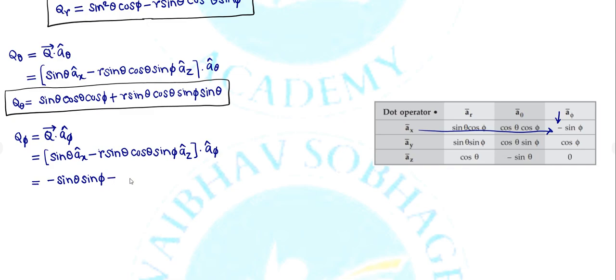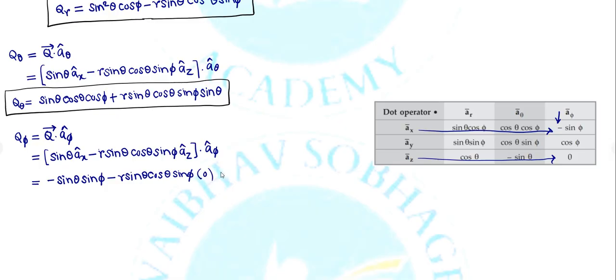Then for now we are going to write this term as it is, that is minus r sine theta cos theta. Then this is sine of phi, and the dot product between Az and A phi. So the dot product between Az and A phi is equal to what? 0.